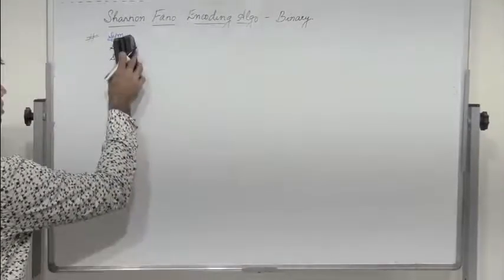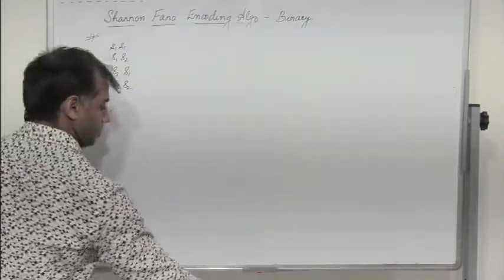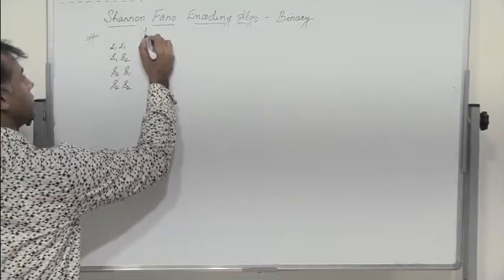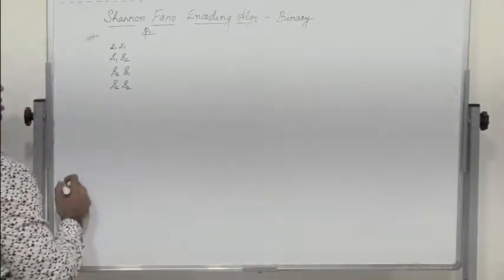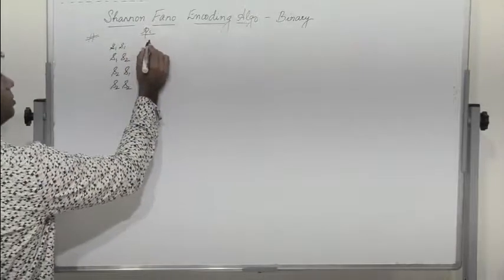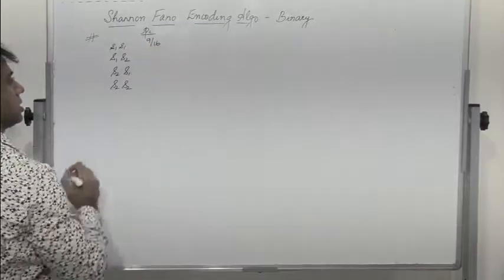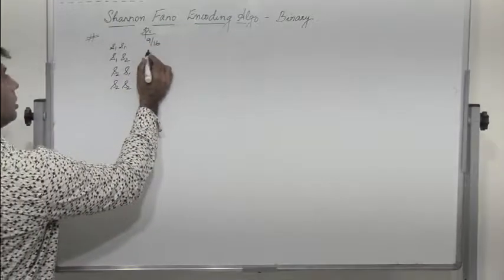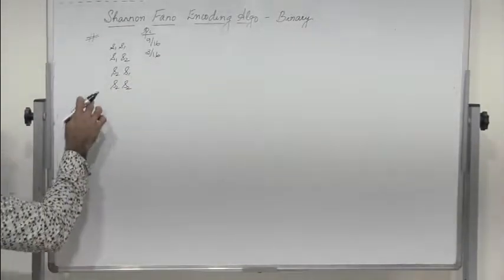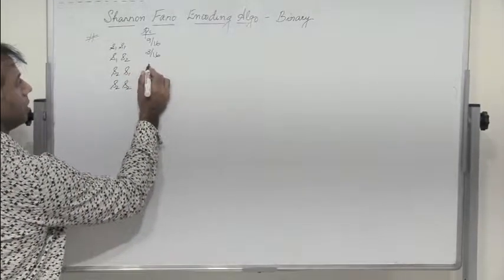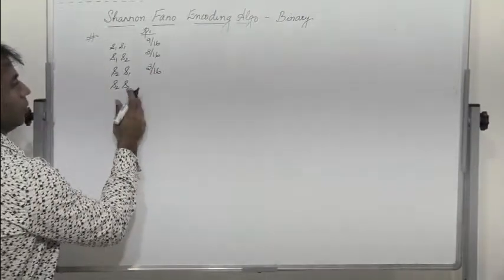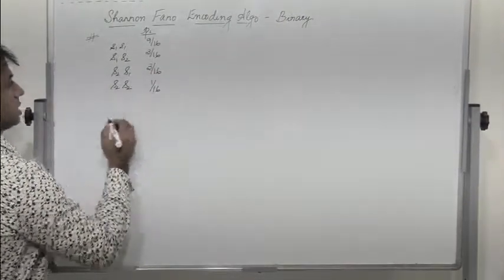So what are its corresponding probabilities? The probability of S1 is 3 by 4. So 3 by 4 into 3 by 4 is 9 by 16. 3 by 4 into 1 by 4 is 3 by 16. Again 3 by 4 into 1 by 4 is 3 by 16. And 1 by 4 into 1 by 4 is 1 by 16.